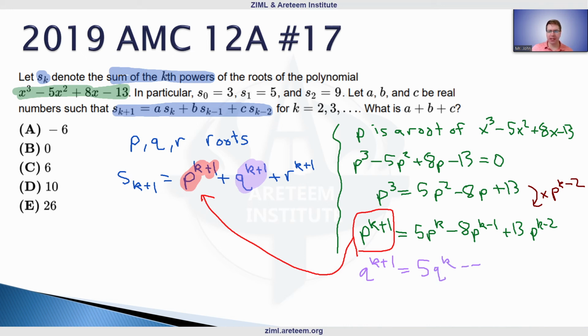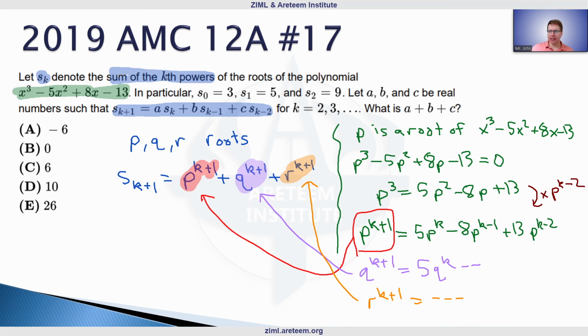And we would have something similar for r to the k plus 1. These are exactly the same things, and those could be plugged in there as well. So we're writing each of those powers in the exact same way as lower powers.